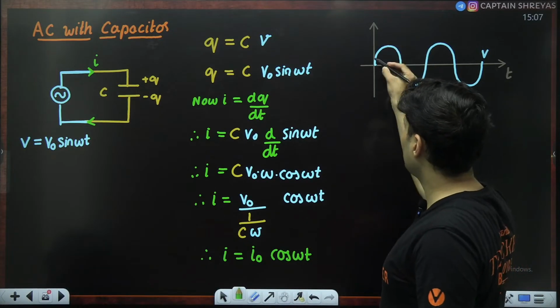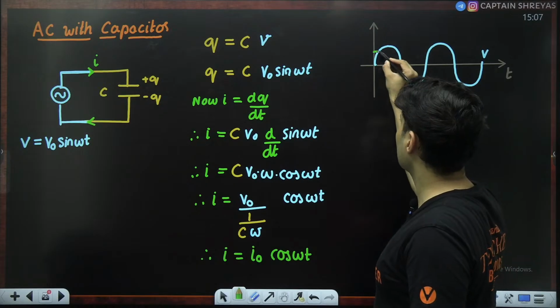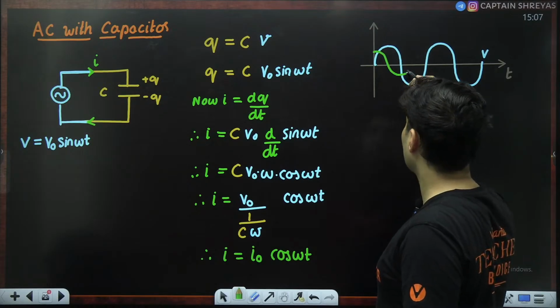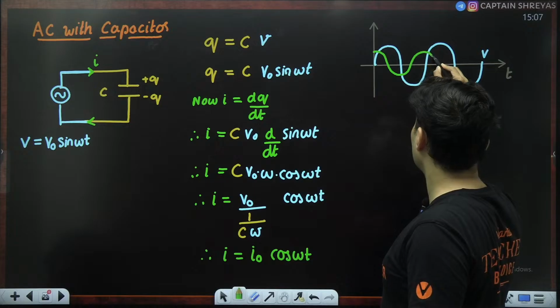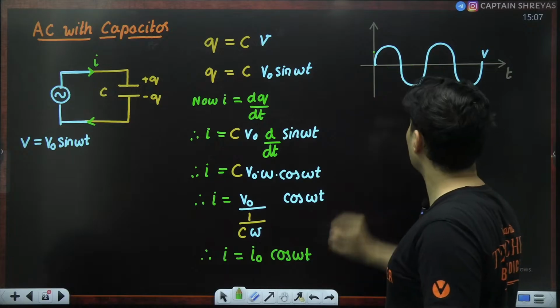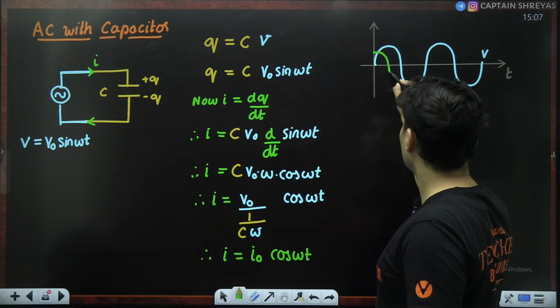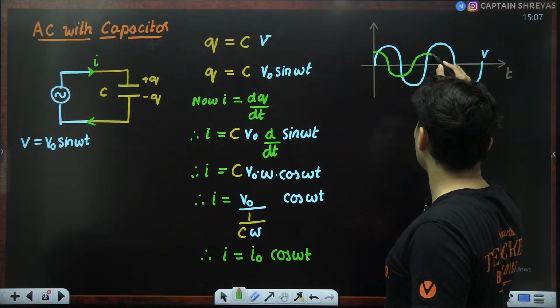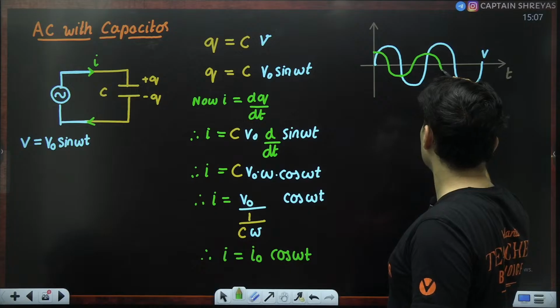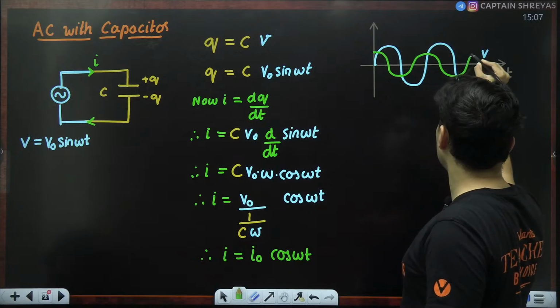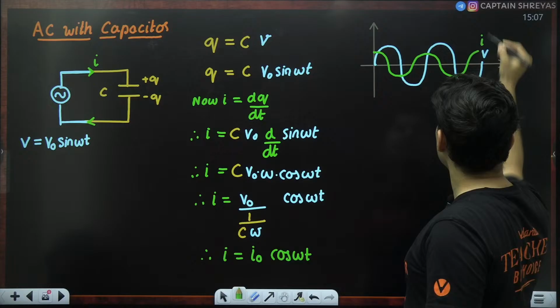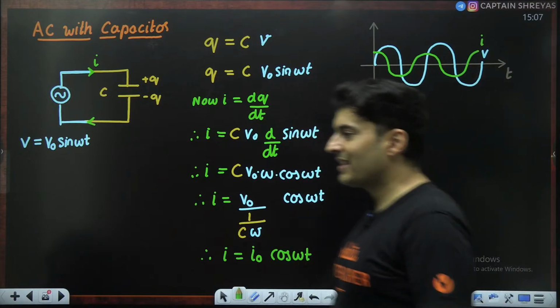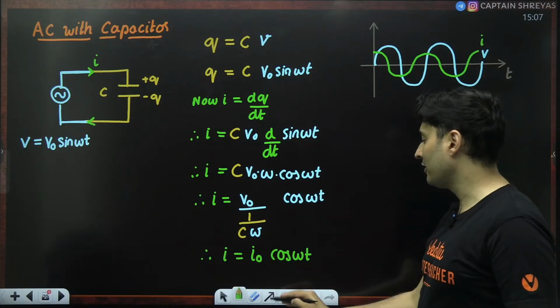It could be smaller or larger, I don't know, just showing some. So this is basically your current graph. You can see they are definitely not in the same phase.